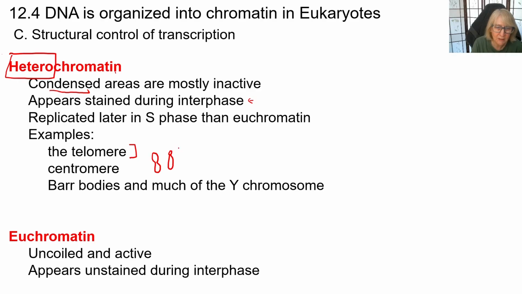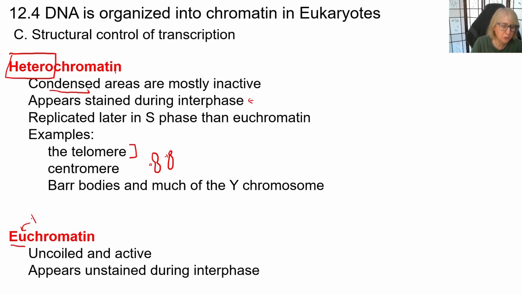Here, this one looks like a planaria now. But these little pinched in bits are heterochromatin. Bar bodies and much of the Y chromosome during the lifetime of the organism are also just wrapped up really tight. They're not really used for transcription that much, if at all, and they are visible differently underneath staining.